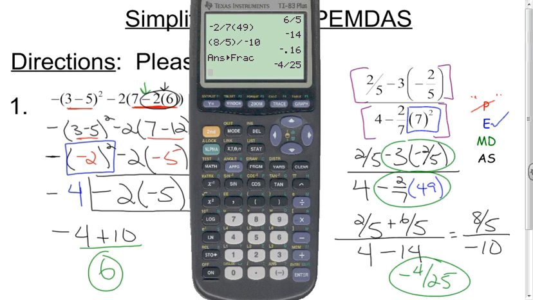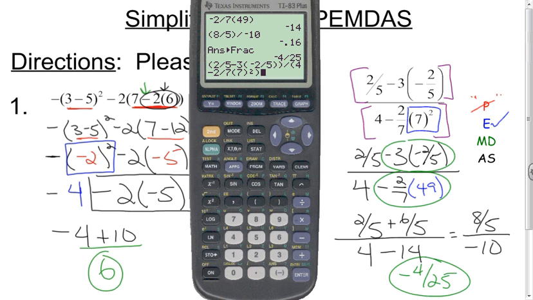So if you notice, I can really do this whole thing in one shot. It's going to say: left parenthesis, 2/5 minus 3 times -2/5, and that group divided by the entire group of 4 minus 2/7 times 7 squared, and then end that entire group.